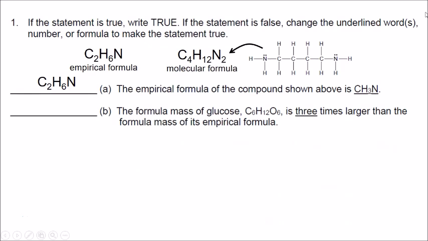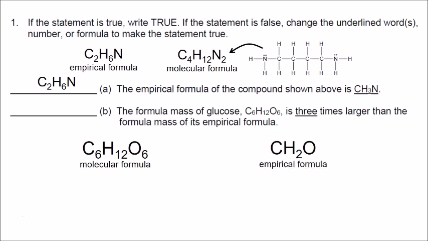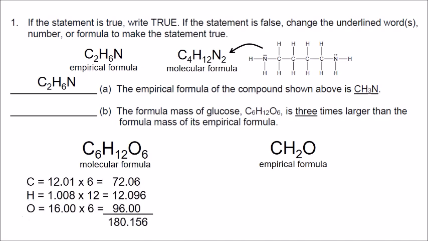For letter B, let's take a look at glucose, C6H12O6, and if we look at the empirical formula, which is dividing each of the subscripts by 6, we get CH2O. Using the periodic table, we can add up the atomic masses and we get a molar mass, or a formula mass, for glucose of 180.156.